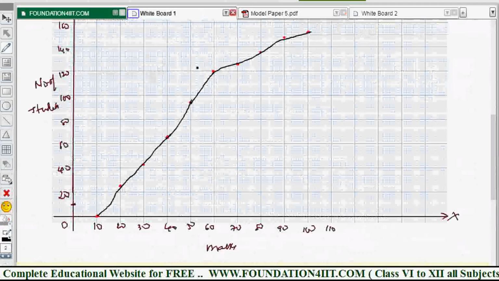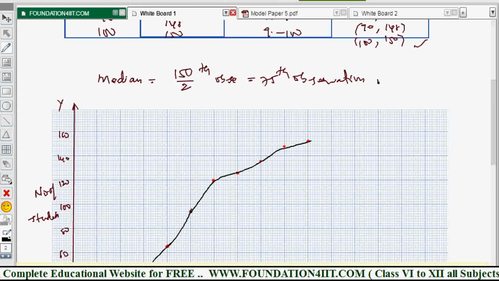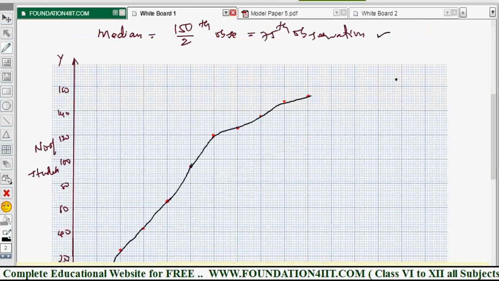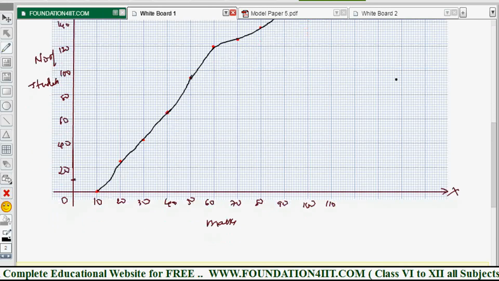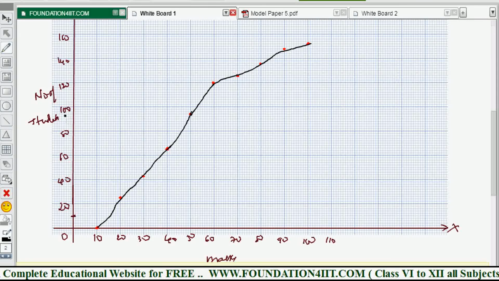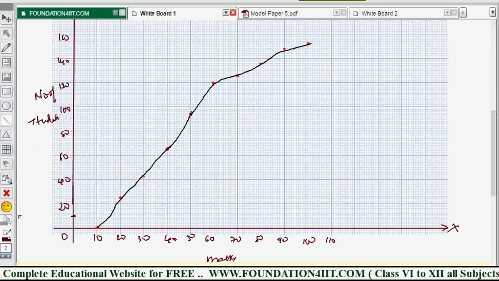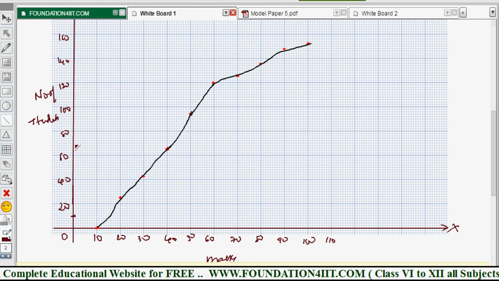Median, I already wrote here, is the 75th observation. That means from 75 we take a line, between 70 and 75.